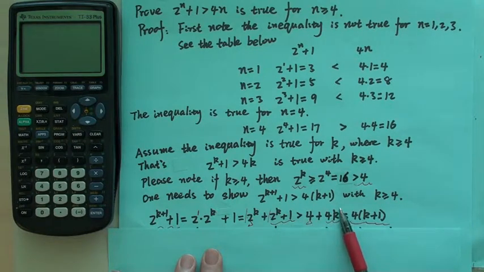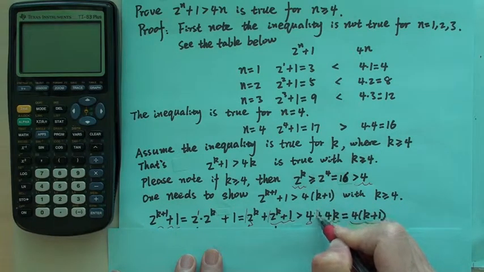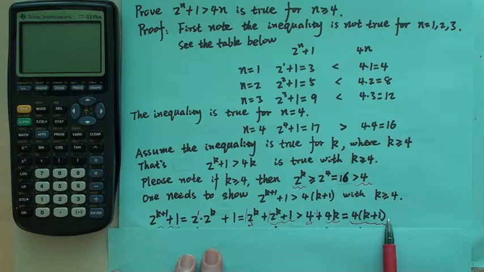But for this quantity, when you pull 4 out, because 4 again is 4 times 1, you have k plus 1. And then this actually tells us 2 to the k plus 1 plus 1 is greater than, right here, 4 times k plus 1. So look, this is what you want to get, and this is actually the proof. 2 to the k plus 1 is the one here, and the right-hand side ends up with this.